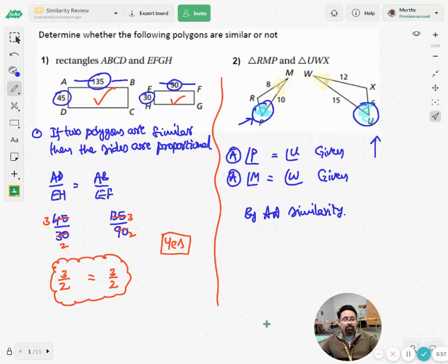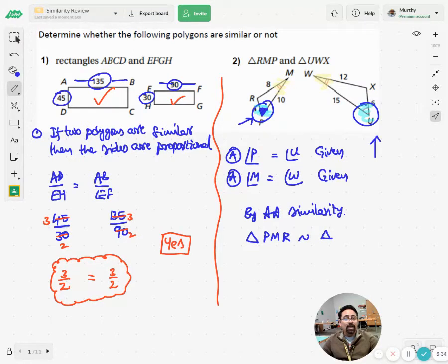But a very important thing is you have to write in a proper order. This is very important. Suppose I am taking triangle PMR. So let me take PMR similar to triangle. While writing the second triangle, you have to be really careful. I started with P. Notice that here it is marked.